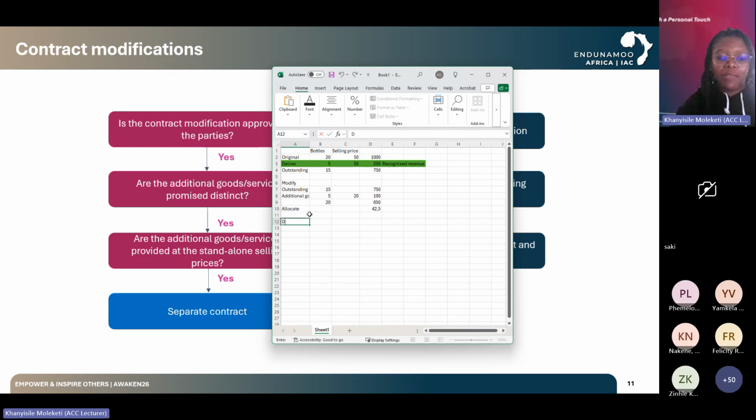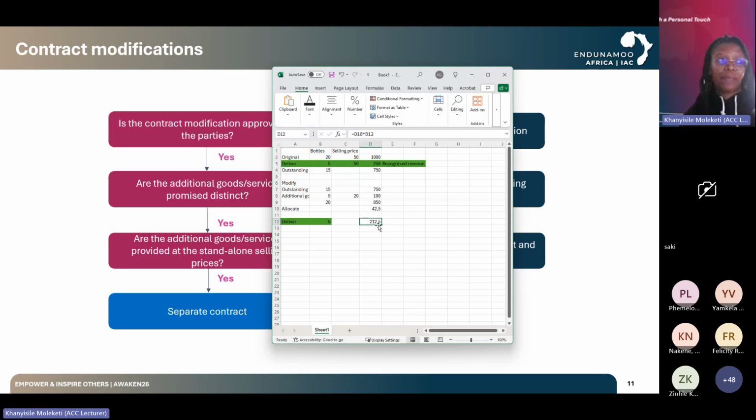So now, if we deliver 5, like we did before, what we will have is 42 Rand 50, which is the transaction price allocated to each PO, times the quantity delivered. And now, for each 5 we deliver, we recognize 212.